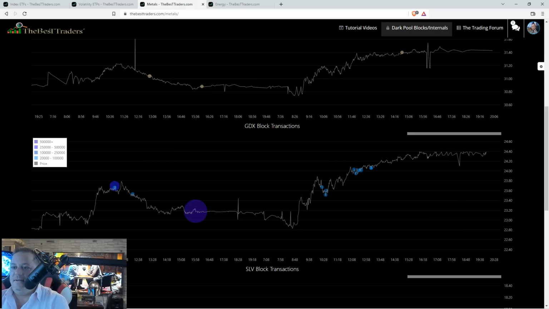But it definitely helps with liquidity issues. But yeah, I would say they hide their order flow with dark pools, definitely. Why wouldn't they? That's one of the reasons why they use dark pools and why it's been around since the 80s.